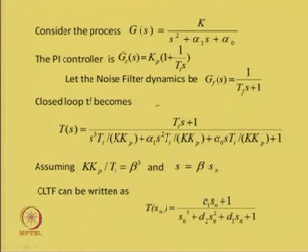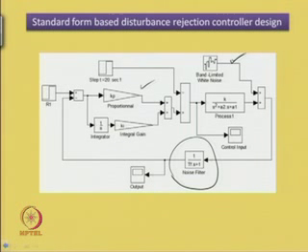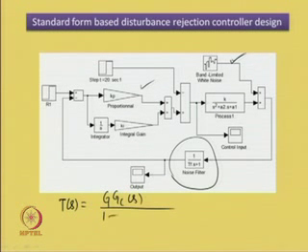Now, the closed loop transfer function for this system has to be given in the form T(s) = G_c(s)G(s) upon 1 + G_c(s)G(s)H(s).